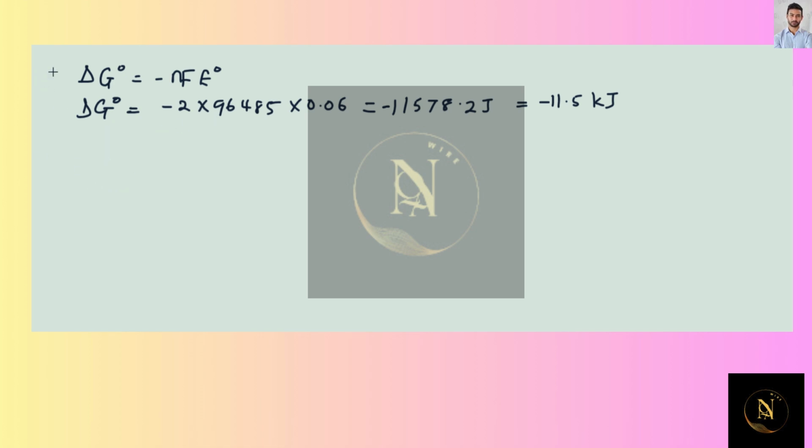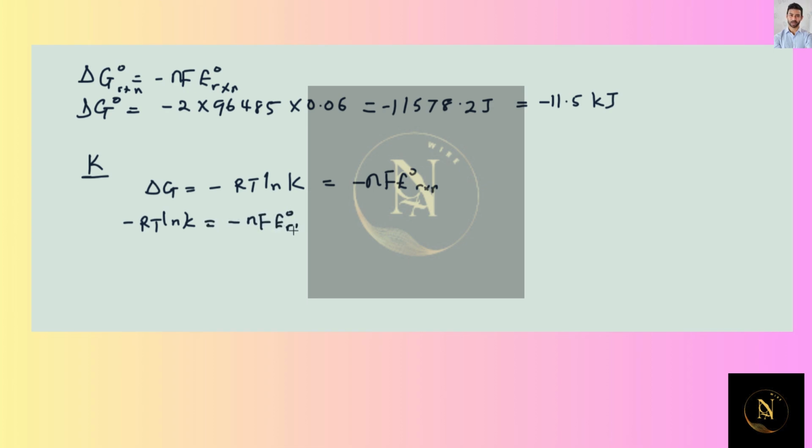Then the next thing will be to determine the K for the reaction. So we also know that delta G is minus RT ln K, right? Which is still the same thing as minus nFE of reaction. So minus RT ln K is equal to minus nFE of reaction.